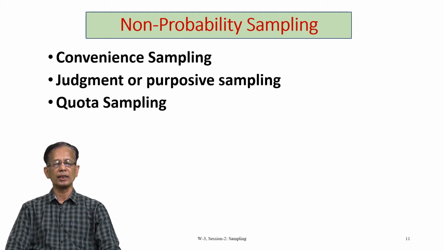Next could be quota sampling, when we need to have some reservations and we go by some reservation of categories, which we will call quota sampling. Last but not the least, under non-probability sampling is snowball sampling, which is really very interesting in research.